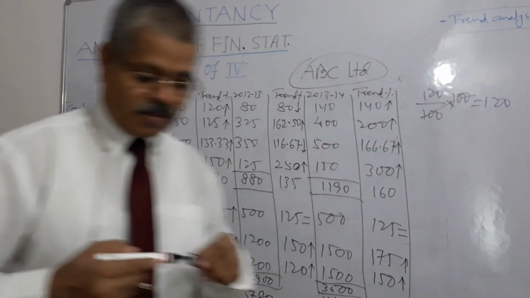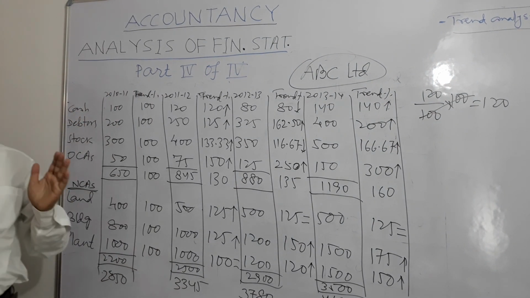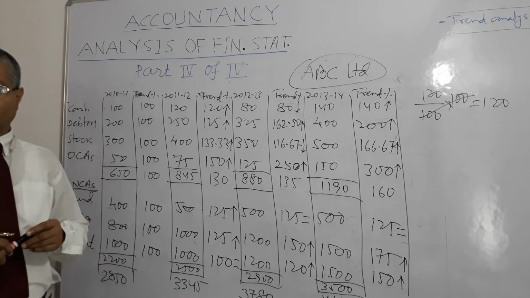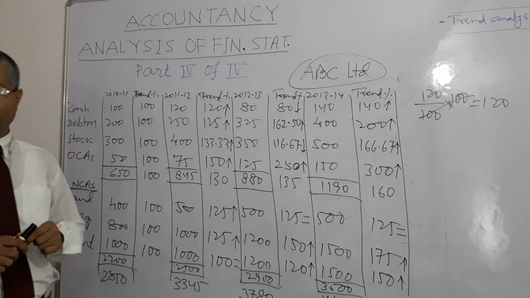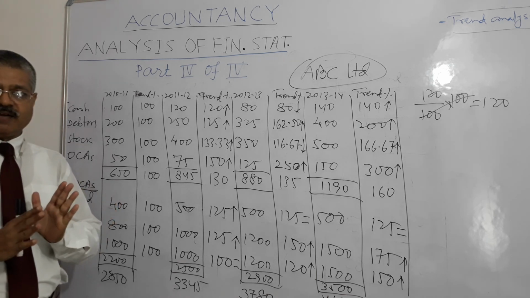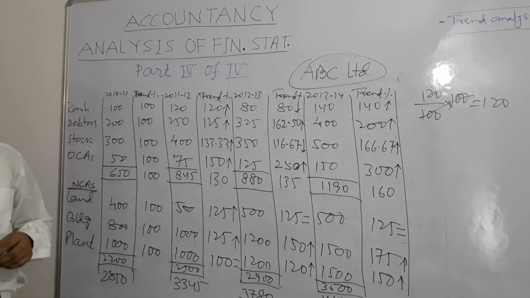So this was about trend analysis. Financial statements may be analyzed by computing trends of a series of information. It determines direction, upwards, downwards or constant, right?